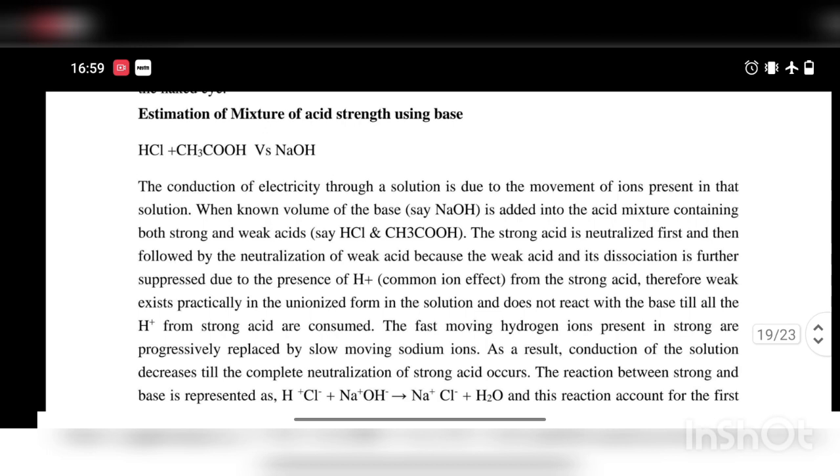So when we titrate a mixture of acids, one strong and one weak, the strong acid is neutralized first. Neutralized means it is in the dissociated form.